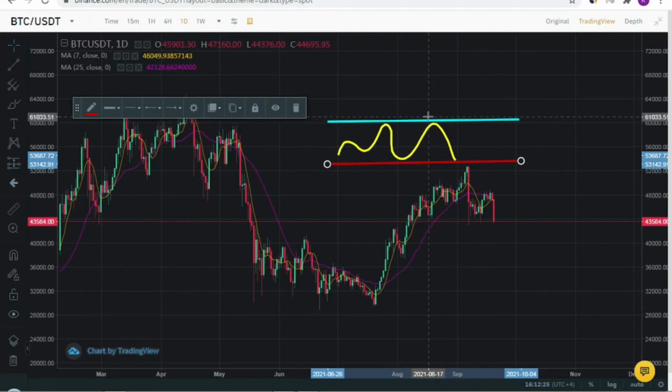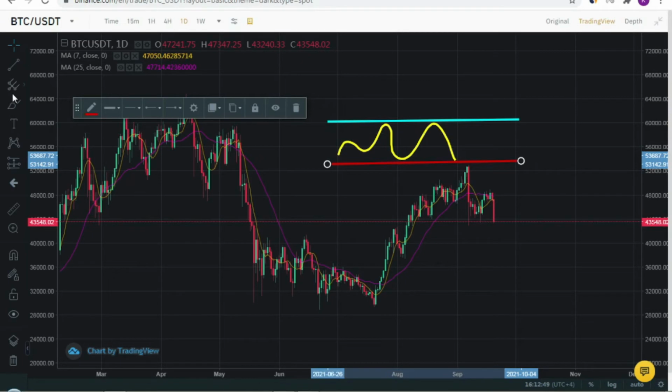This is a zone of resistance, resisting the price from going up. This is supporting the price from going down. And then we bounce off the support line, go to the upside, bounce off the resistance line, come to the downside, and bounce off the support line.